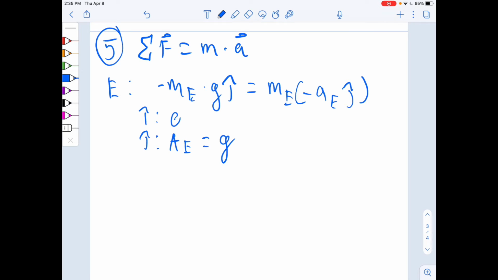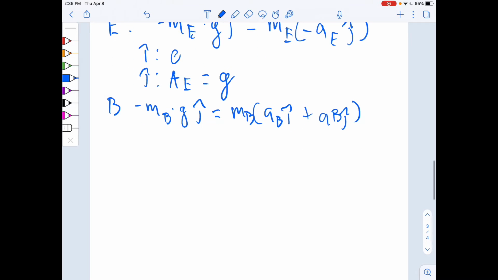For block B, we get negative mass of B times gravity in the J direction is equal to mass of B times the acceleration of B in the I direction plus the acceleration of B in the J direction.